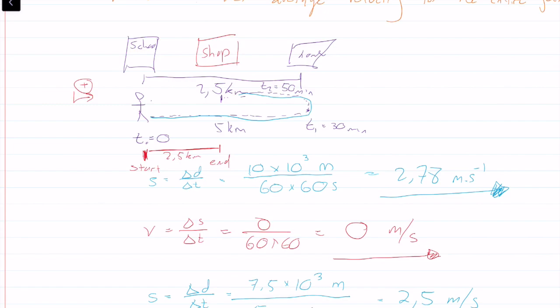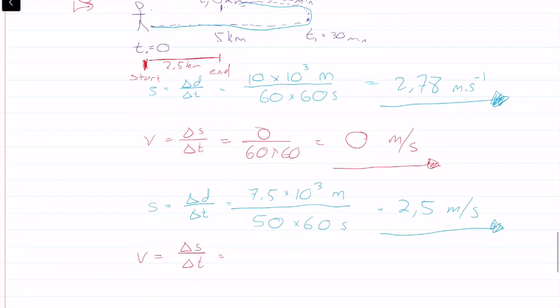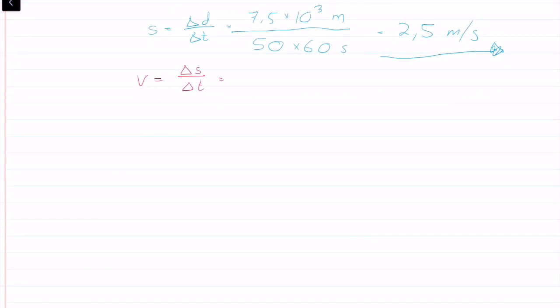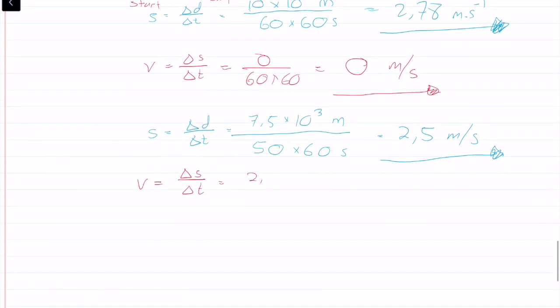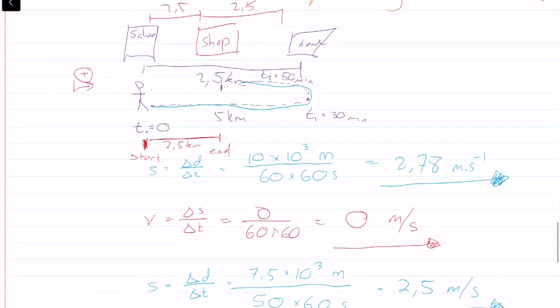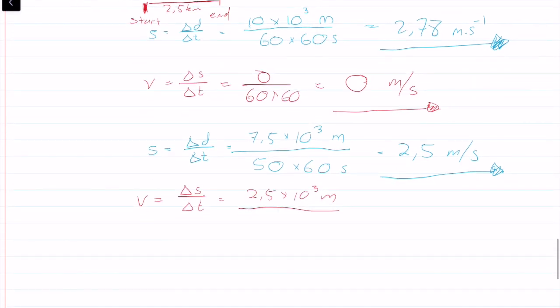This is 2.5 and this is 2.5. So my change in displacement is a positive 2,5 times 10 to the 3 meters, over the time it took her. It took her the full time, so that's 50 times 60 seconds.